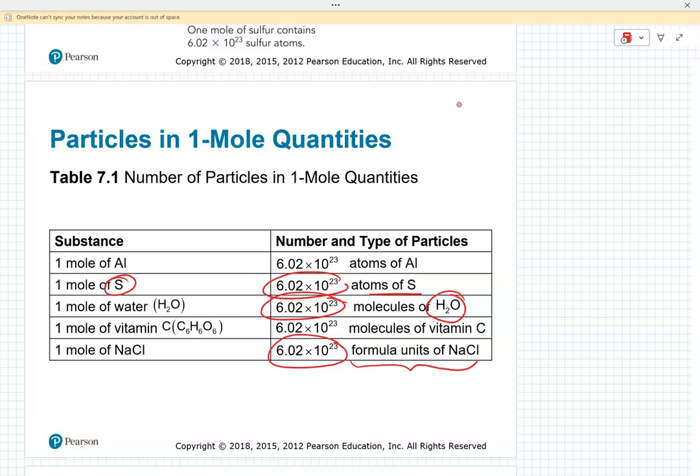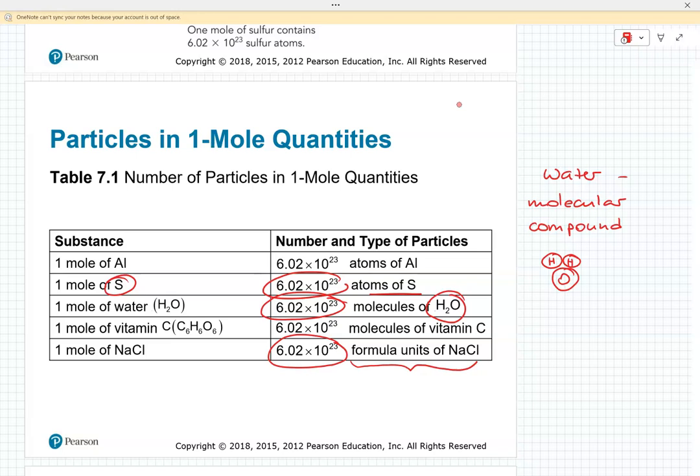Because water is a molecular compound. Do you follow? So each water molecule is 2 hydrogens and an oxygen. Agreed? So it's a unit.